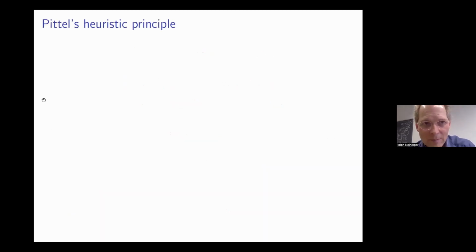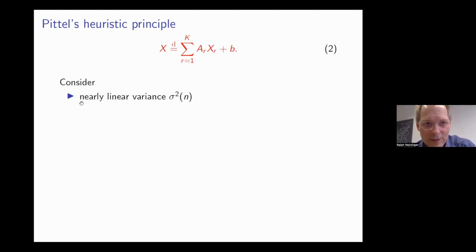So now coming back to Boris Pittel's heuristic principle. If we look at this principle from the perspective of the fixed point equation, well, Boris said that we should consider nearly linear variance. So typically this is n or n times some slowly varying function or some periodic function.